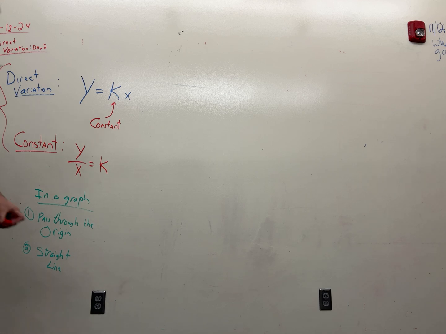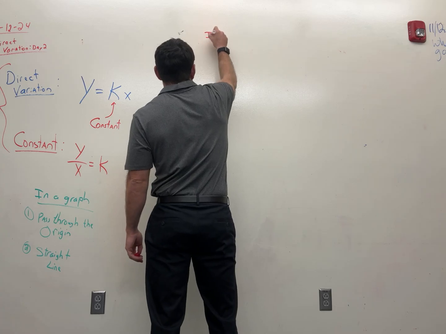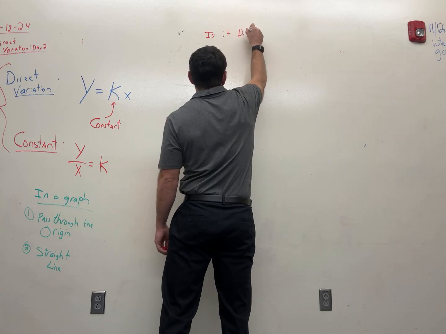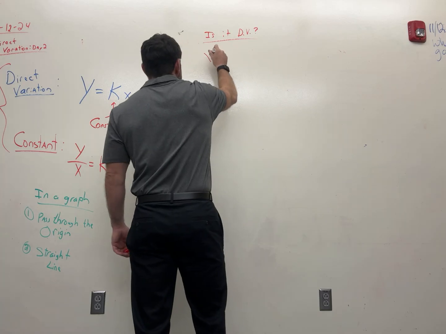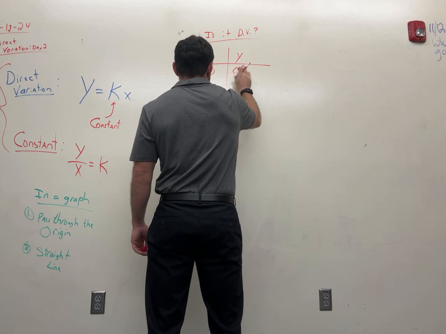Now, you're going to get a question like this on your test on Thursday. Is it direct variation? And it's going to show you something like this.